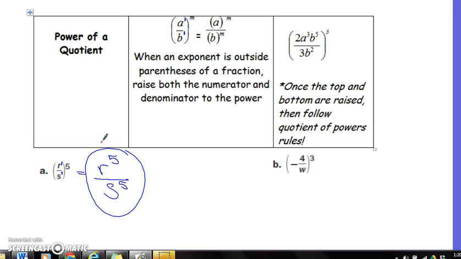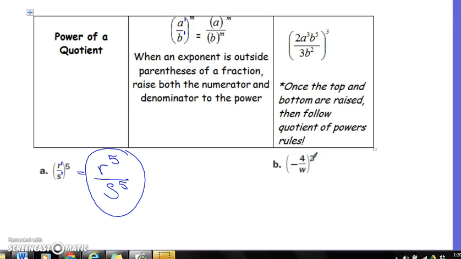Then, when we look at B, B has a negative sign inside the parentheses. And when we were talking about this, any negative number raised to an odd power is always going to be, what do you think? Any negative number raised to an odd power is always going to be negative.